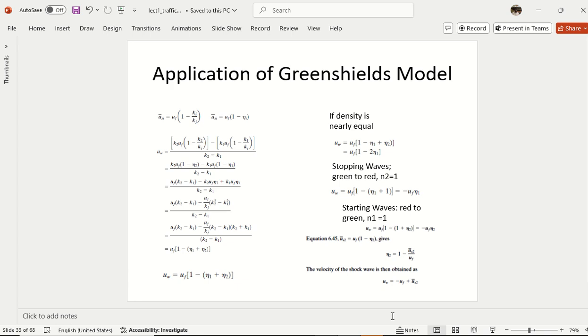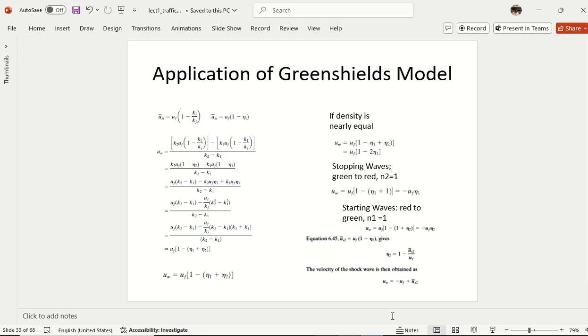And if it is a starting wave, then the reverse will happen, right? Signal was red, so which density was the jam density? K1. Signal was already red, so people were already at jam density. So eta 1 will become 1.